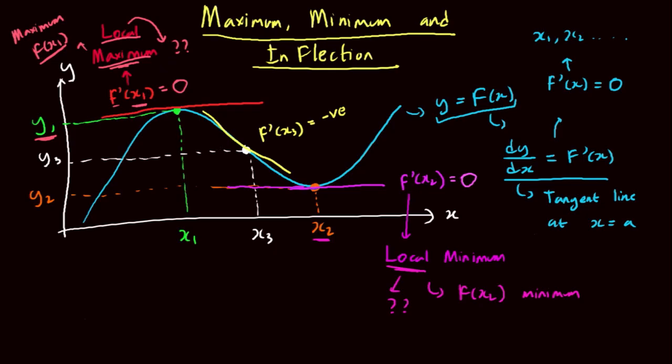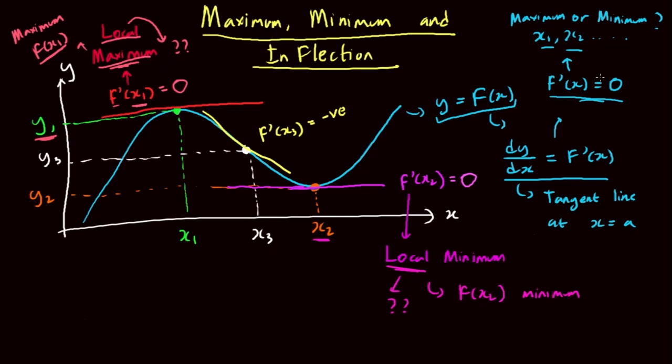If you want to know further whether it's a local maximum or local minimum, to double check, because once you find where f prime x equals 0 and you get x1 and x2, you don't know whether they're maximum or minimum. You wouldn't know at all.